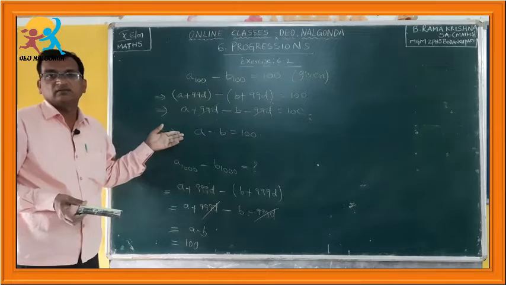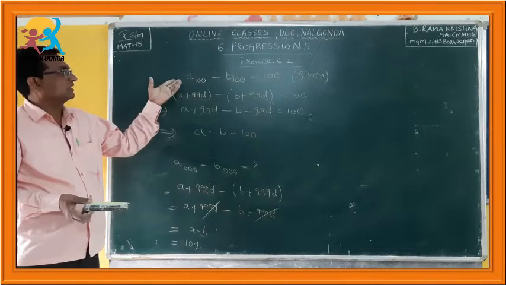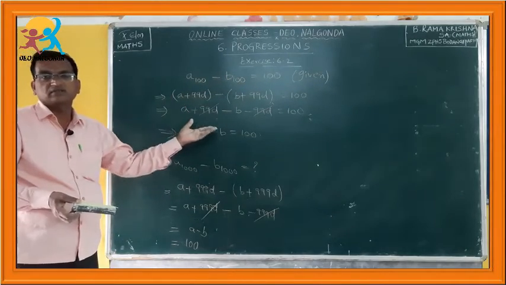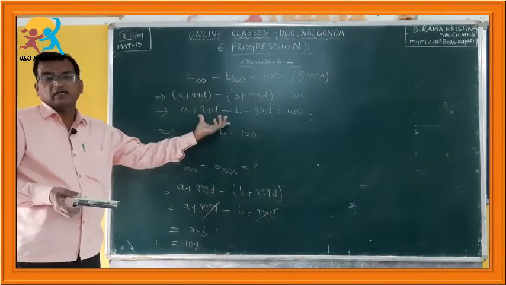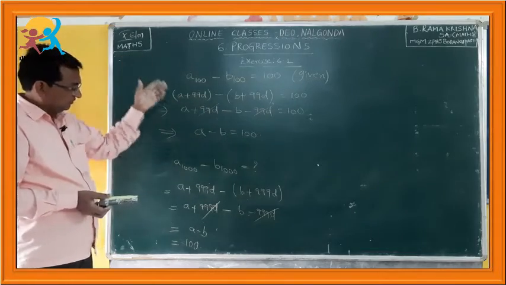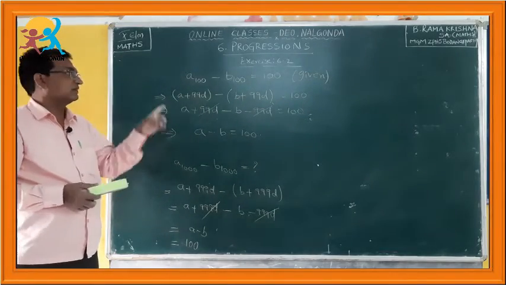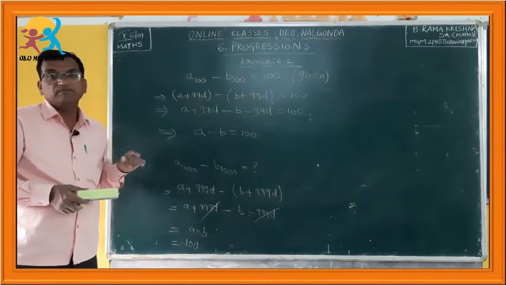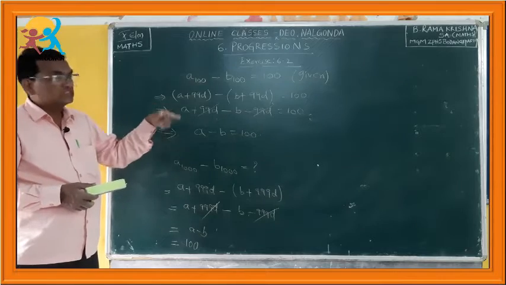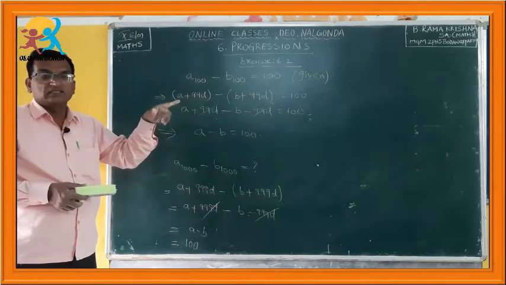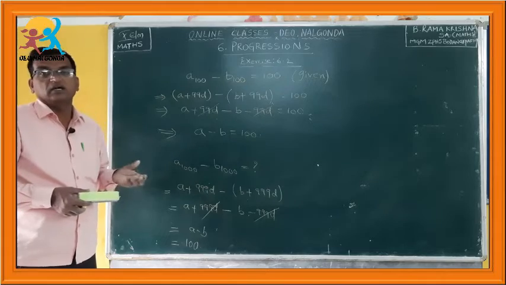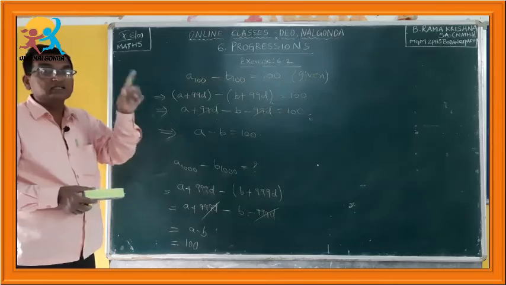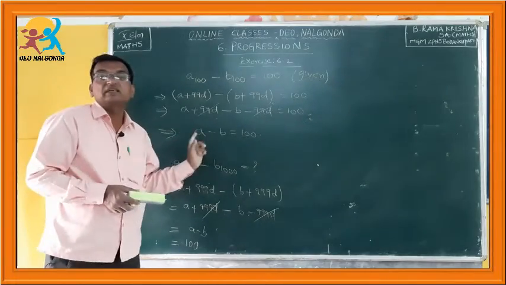Because A minus B is 100 given means the difference between two 100th terms is 100. From that you got A minus B is equal to 100, meaning the difference between the first terms is 100. So from this we can conclude, if the common difference of any two progressions is the same, then the difference between any two same terms, meaning 100th terms or 1000th terms or 2000th terms, is the same as the difference between the first terms.